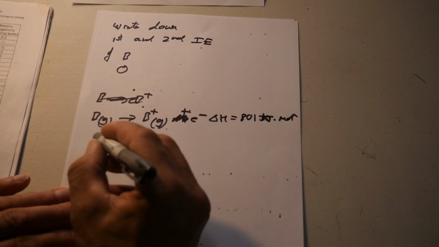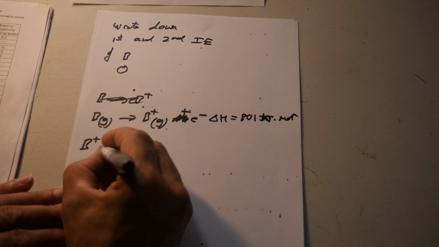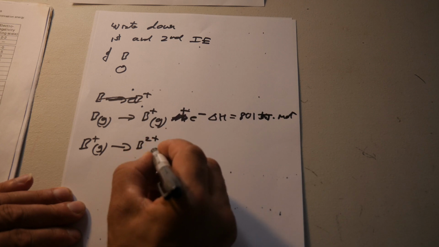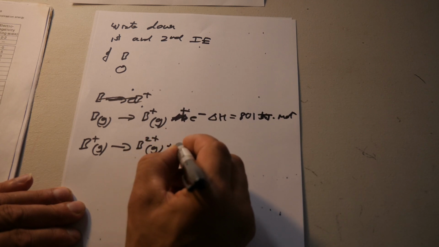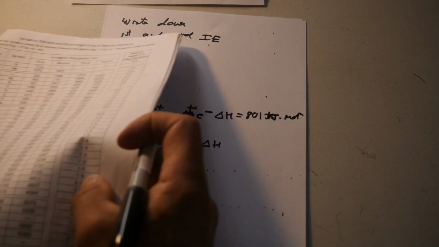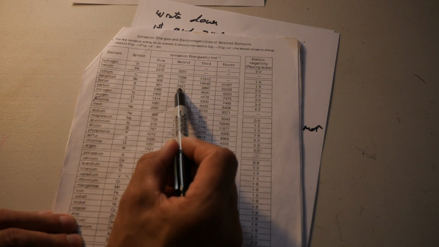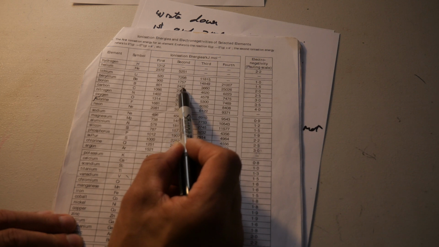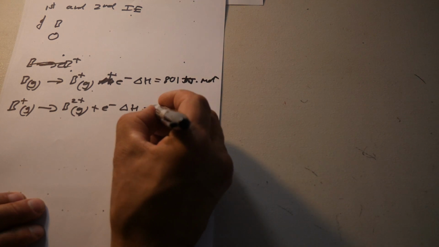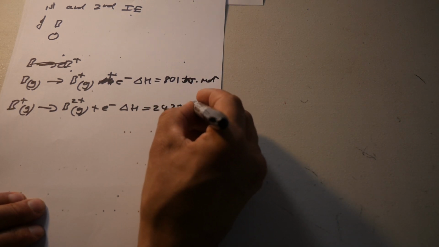Sorry about the mess. And then the second ionization energy of boron is 2427 kilojoules per mole.